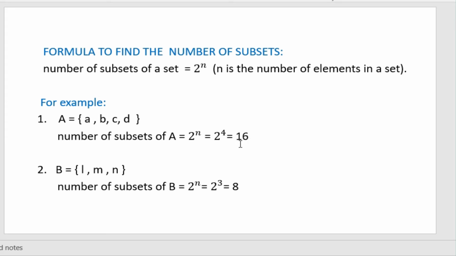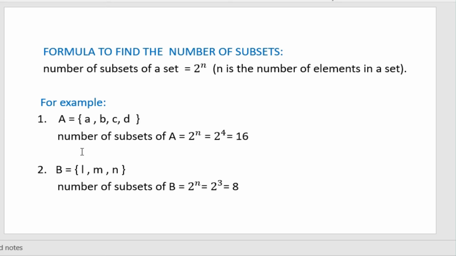It means we can make 16 subsets of set A, including the null set. The second example: if we take set B, the elements of set B are l, m and n.